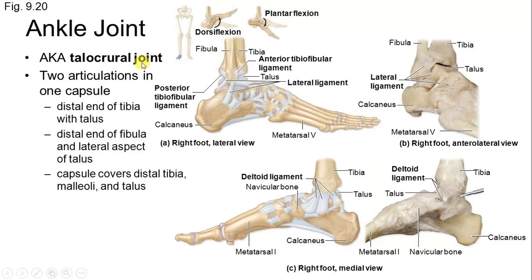So here is a true articulation in one capsule: the distal end of the tibia with the talus, the distal end of the fibula and the lateral aspect of the talus. The capsule covers the distal tibia, malleoli and talus, so it covers two articular surfaces.